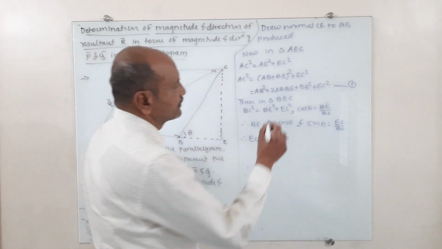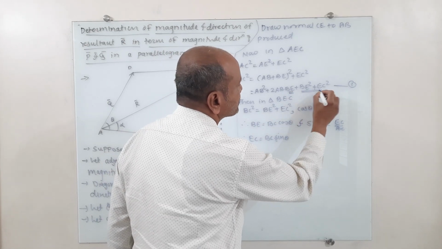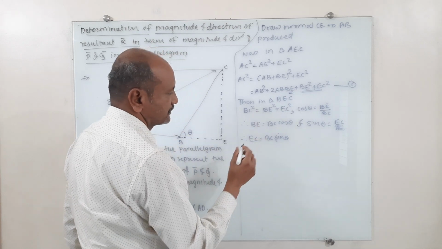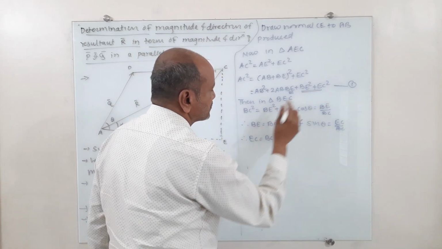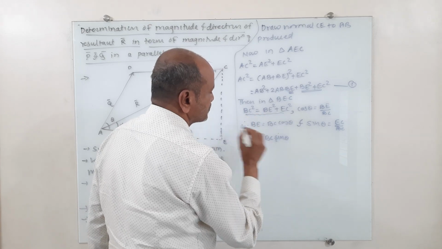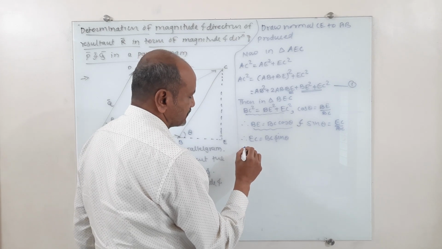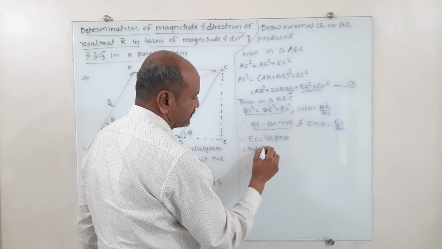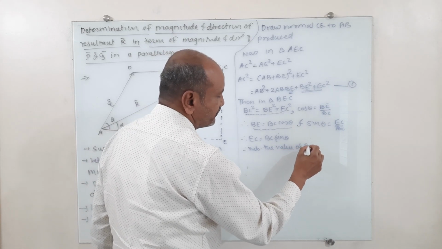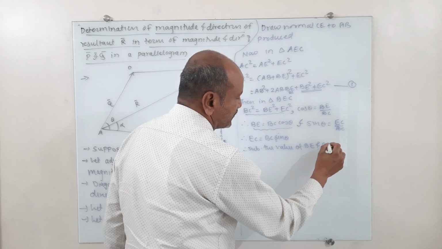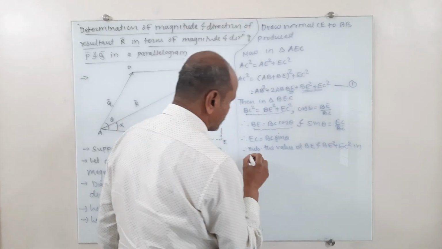Substituting the value of BE and BE square plus EC square in equation 1, where BE is equal to BC cos theta.